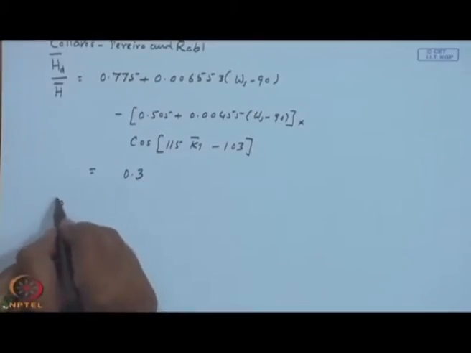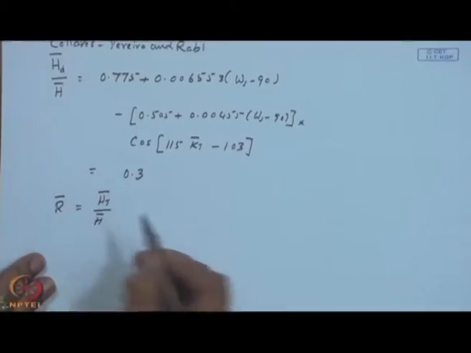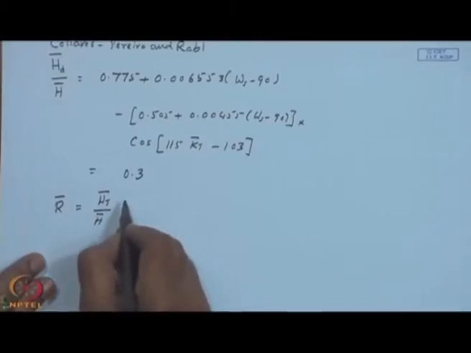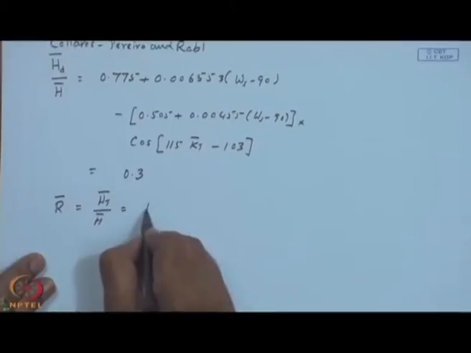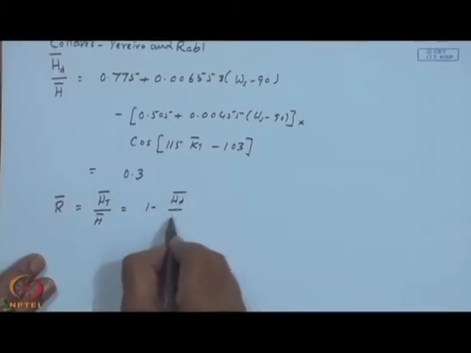So, R bar will be h t bar by h bar, which can be written as 1 minus h t bar by h bar.